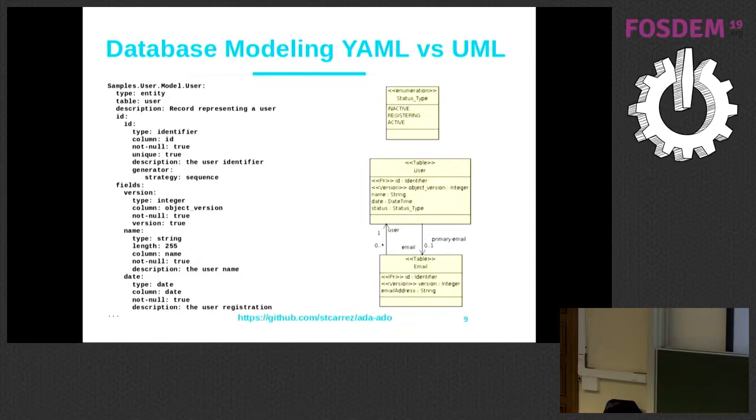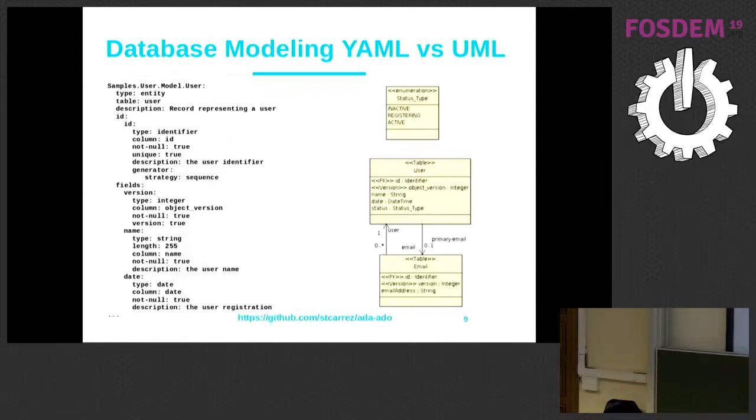The stereotypes indicate some classification for the object. PK is for primary key, so it indicates that this is the primary key of my table. And here we have some relations. I have made a relation between user and email. So a user has an email, and an email is associated with a user.